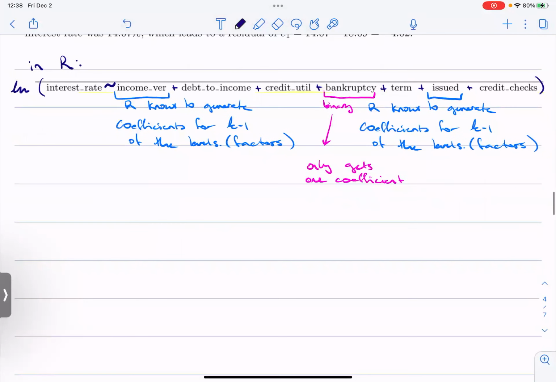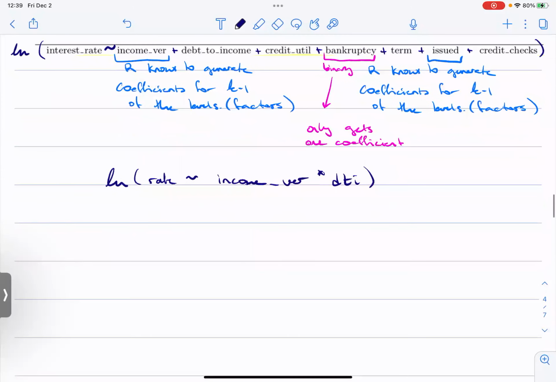What if I do the LM command of the rate to the income verification plus the debt to income, DTI, let's call it, plus... technically, if you wanted to, you could just go multiplied by DTI, and the model that it generates says, fine, you want to have them each individually, and then you want to have the interaction term, right?